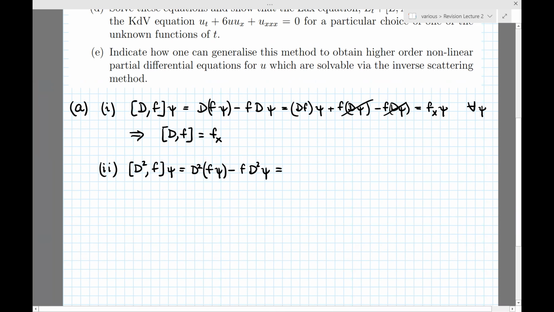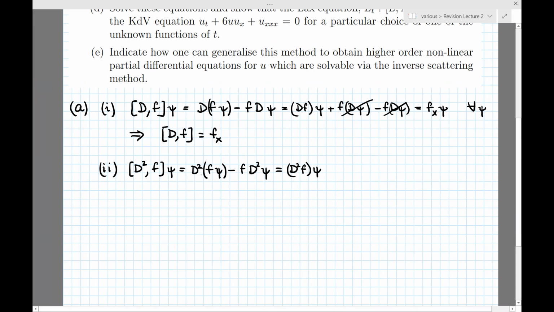And next, for the first term, D squared times f psi, let's distribute the two derivatives so that they act on f or psi in all possible ways. So one option is that both derivatives act on f. So we get the second derivative of f times psi.